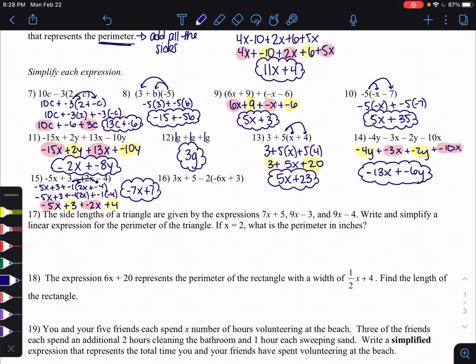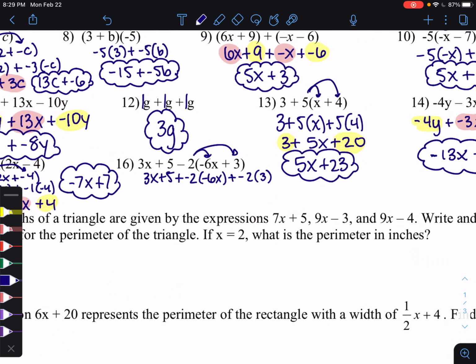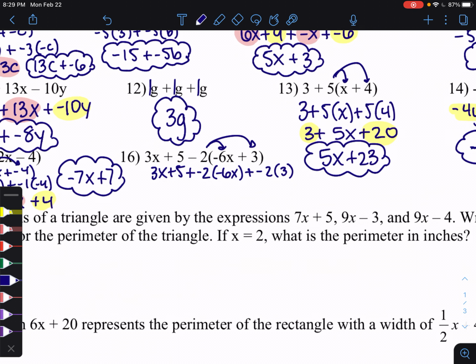And then in number 16, I have 3x plus 5 plus negative 2 times negative 6x plus negative 2 times 3. So 3x plus 5 plus 12x plus negative 6.